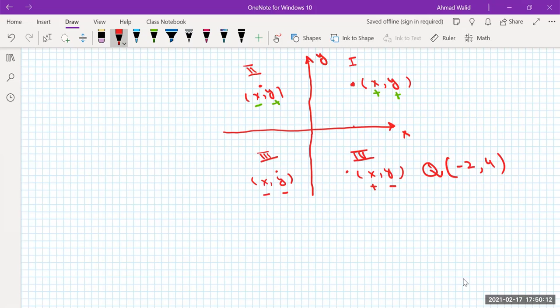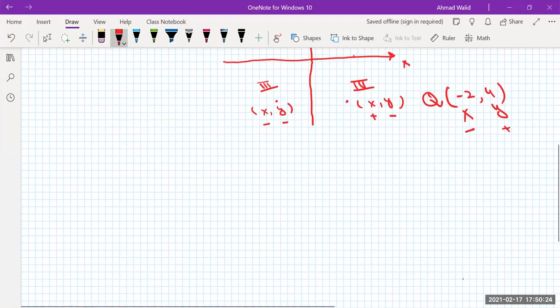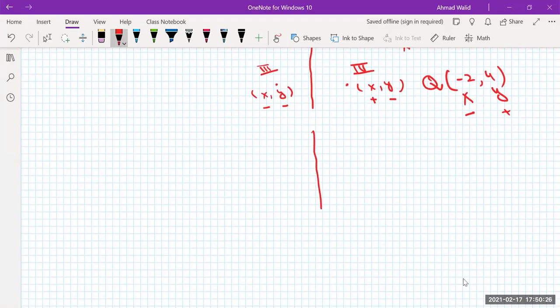Here, you see your x is negative, your y is positive. Okay, which quadrant has x negative, y positive? Quadrant 2. If you know this, then graphing gets easy for you. You will not make a mistake.